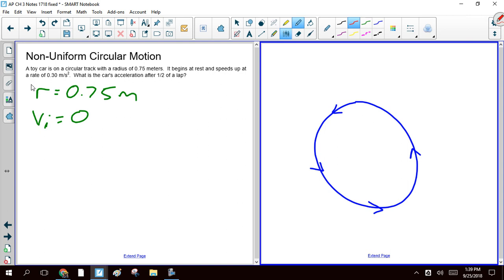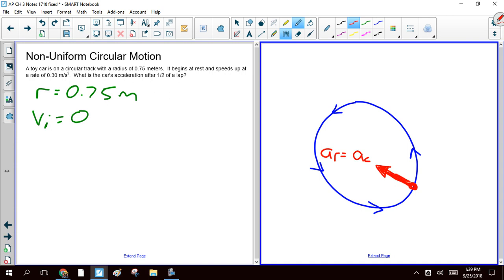So when the car is here, for example, because it's going in a circle, there is centripetal acceleration pointed towards the middle. And to be honest, eventually we're going to call this radial acceleration because it acts along the radius, okay? So there's our centripetal acceleration, right?